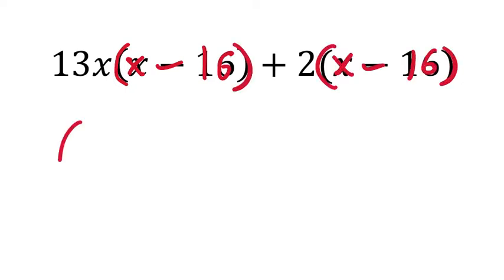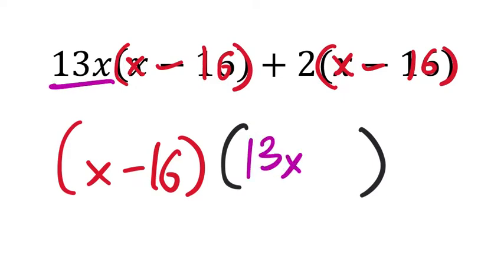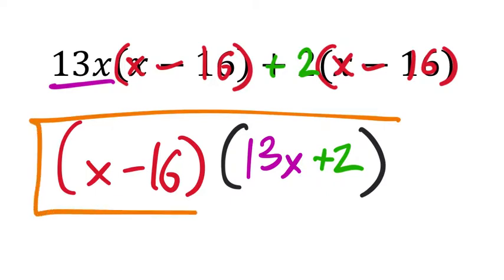So I'm going to yank that out of both terms like this, and then I'm going to put in parentheses whatever was left over. So I'd say first off I have this 13x there. You could even call it a coefficient, and then that's a positive 2 because of the plus sign, so plus 2, boom. That's it right there. So I don't really consider that a shortcut. It's just that this one started in this format, which allowed us to do that. There's a greatest common factor in both terms just to start out.